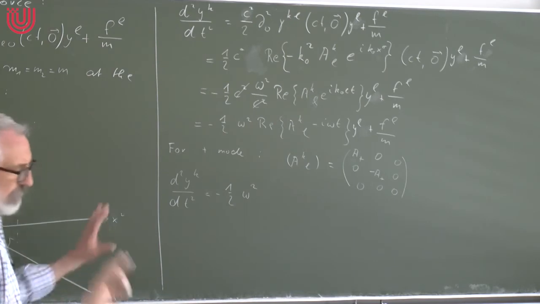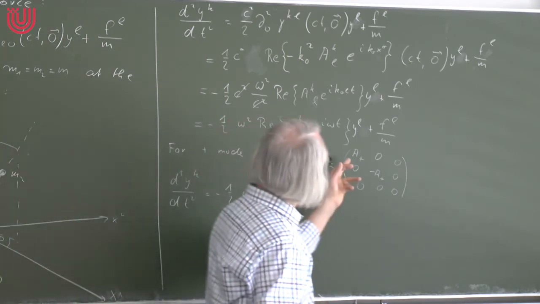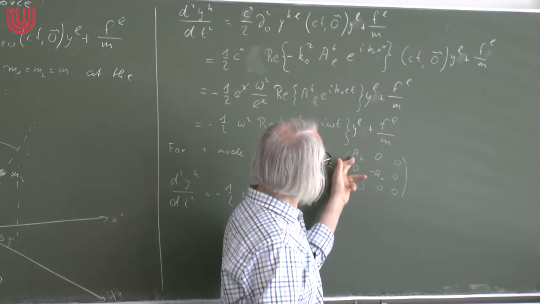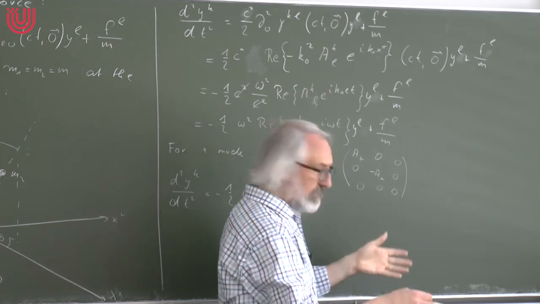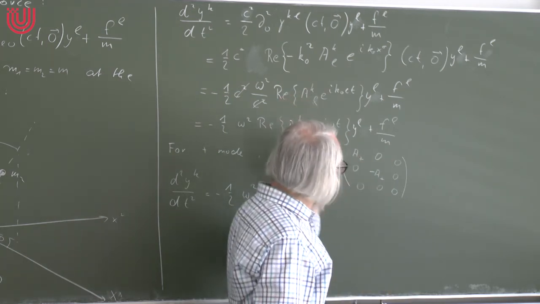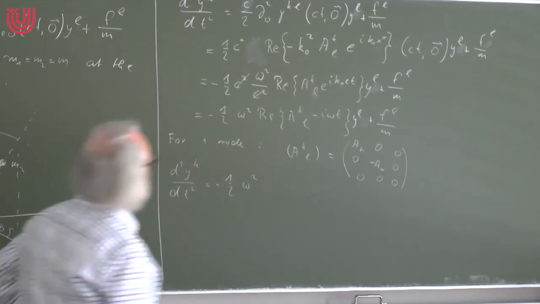In general, if I have two modes, the plus mode and the cross mode, they will not be in phase, and I have to take into account that this has to be written as the modulus of A plus times e to the i phi, a phase. But if I have only one mode, I can choose my initial time in such a way that A plus is real.